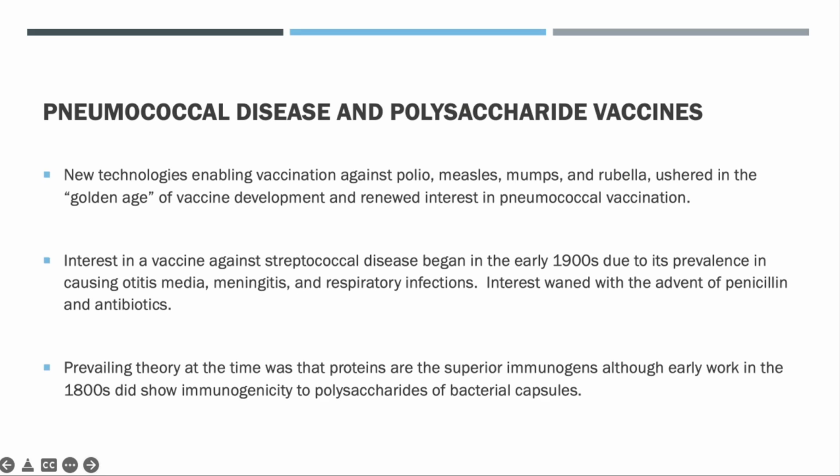Then the interest arose more later on to explore a vaccine against strep pneumo. As I mentioned, the prevailing theory was that proteins are superior immunogens, although early work in the 1800s did show immunogenicity to polysaccharides.